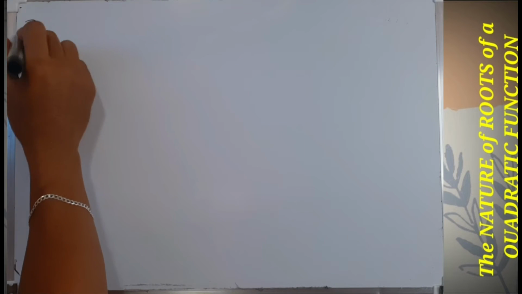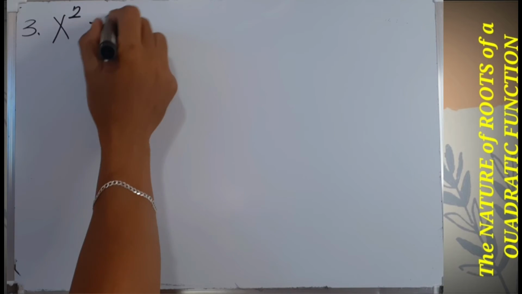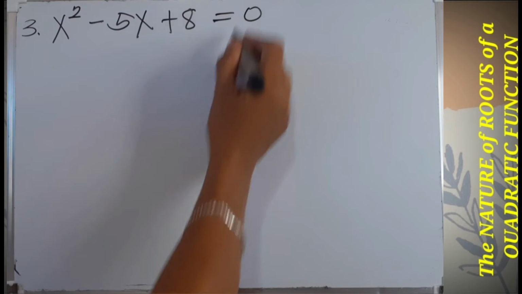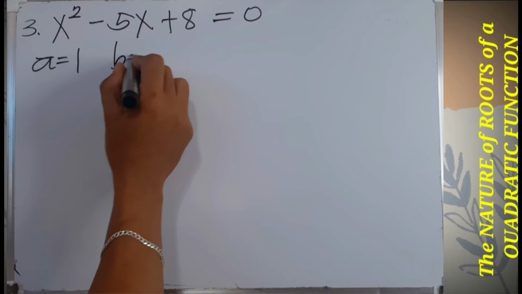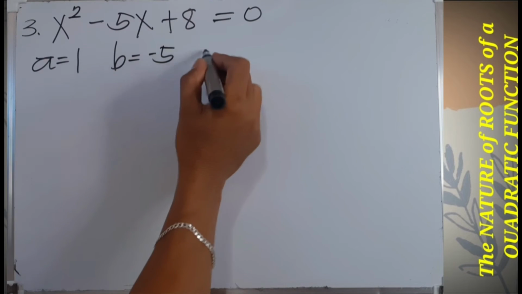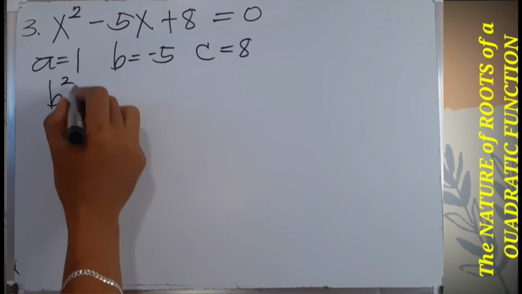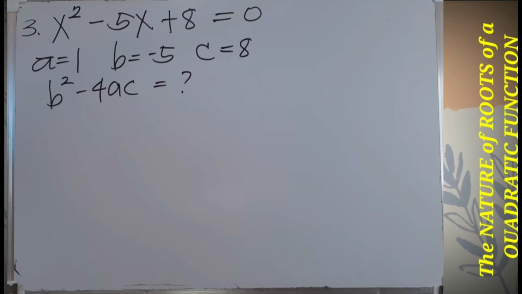Number 3, example, x squared minus 5x plus 8 equals 0. Again, get the value of a, which is equal to 1, b equals negative 5, c equals 8. Solve for the discriminant to describe the nature of roots.